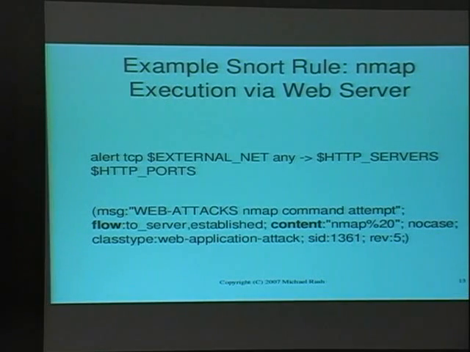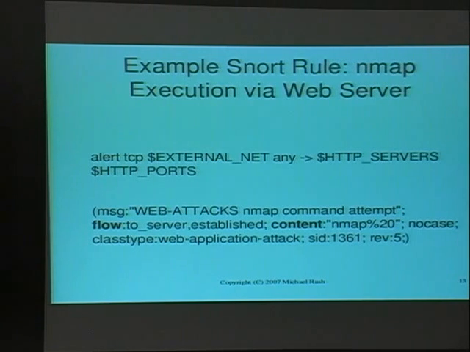So down to some specifics. These are some example signatures. I've divided this one signature here into two blocks. The first line here is the snort rules header. You can see that it defines any communication from an external network to our HTTP servers over HTTP ports. So these are transport layer and below characteristics.